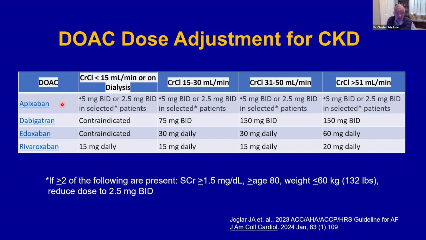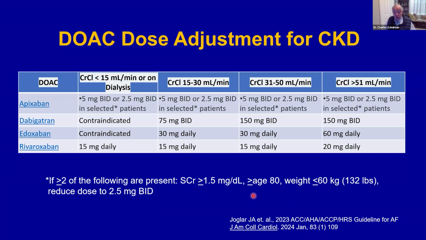Apixaban has less renal metabolism, and therefore the dose is 2.5 milligrams twice a day, regardless of your creatinine clearance, unless 2 out of these 3 are present: age over 80, weight under 132 pounds, or a creatinine of 1.5.